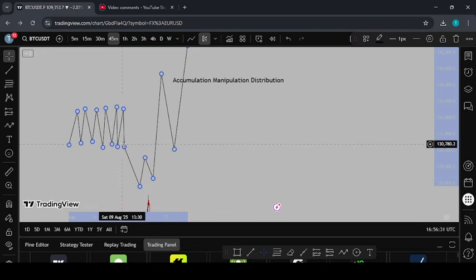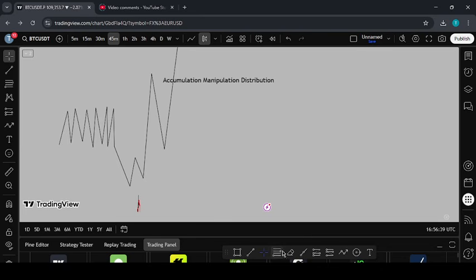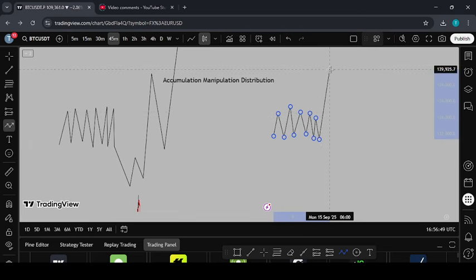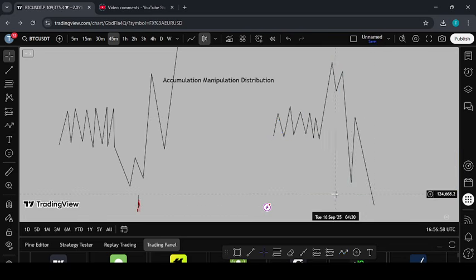It's telling buyers, telling traders, that we are going down, then all of a sudden it aggressively moves upward. Same thing in the bearish scenario, where the market accumulates, then all of a sudden pushes up bullishly, then manipulates the price bearishly and continues going bearish.